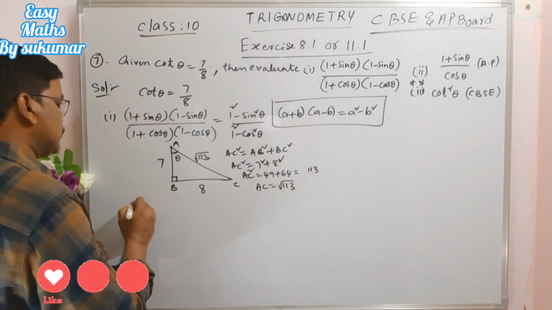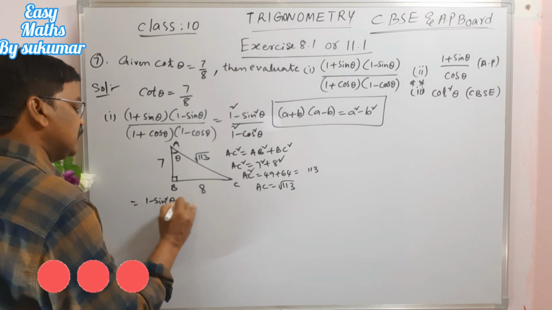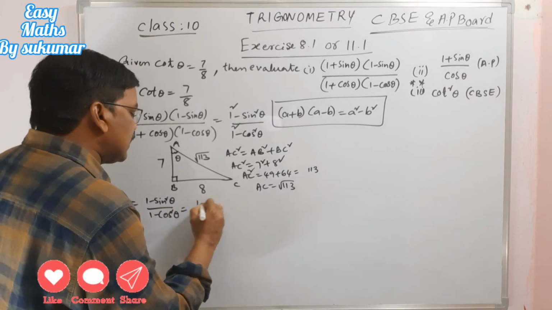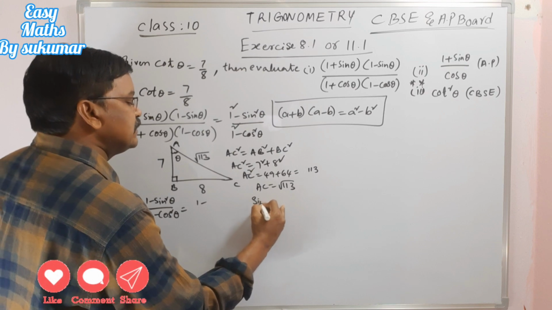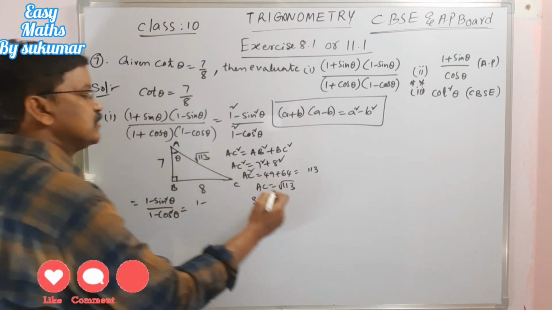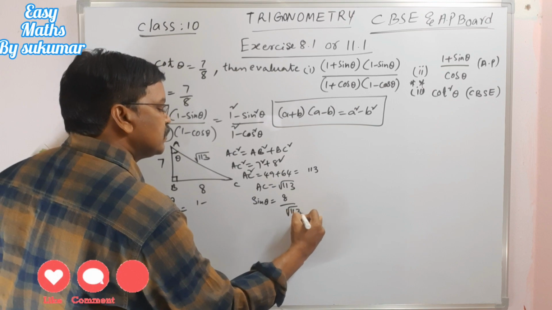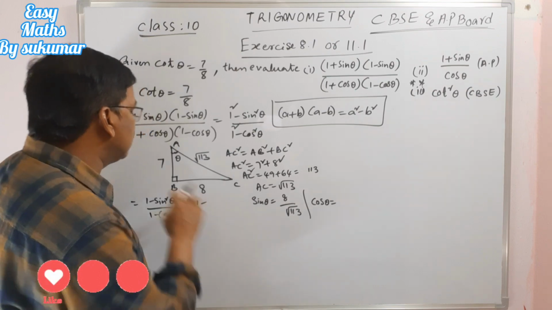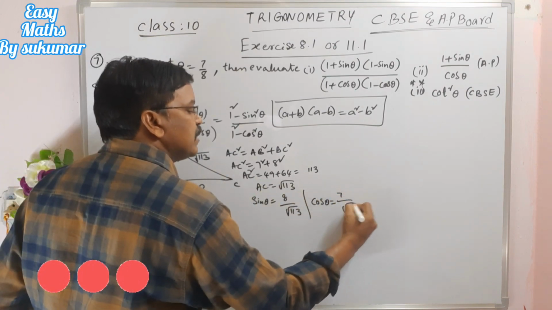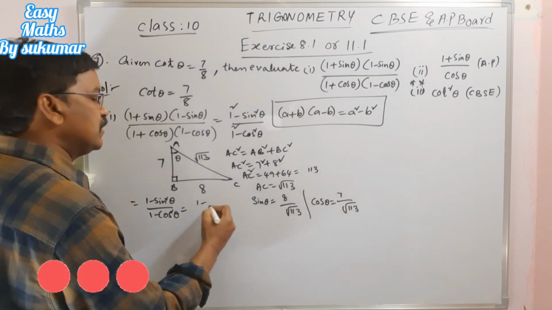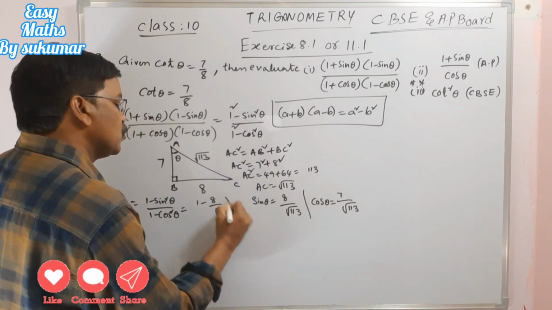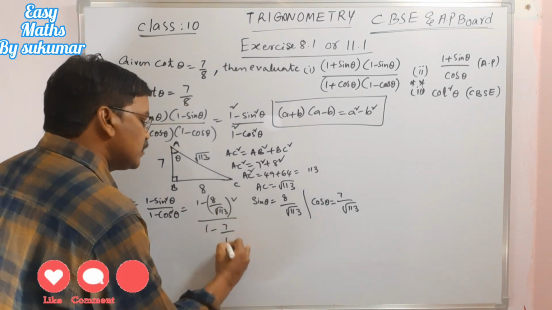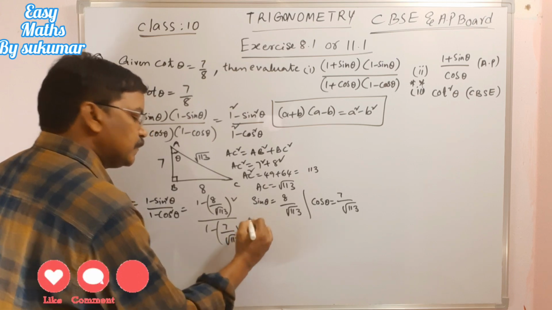Okay, now my dear students, 1 minus sin square theta by 1 minus cos square theta. Let us find this value here. So what is sin theta? Opposite side by hypotenuse, that is 8 by root 113. And similarly cos theta means adjacent side by hypotenuse. Here adjacent side is 7, that is 7 by root 113. So this is 1 minus (8 by root 113) whole square by 1 minus (7 by root 113) whole square.